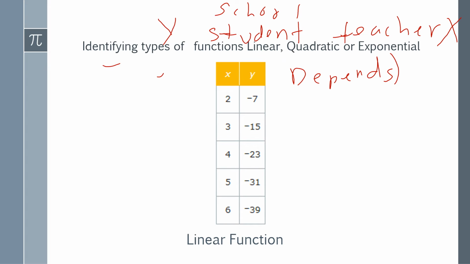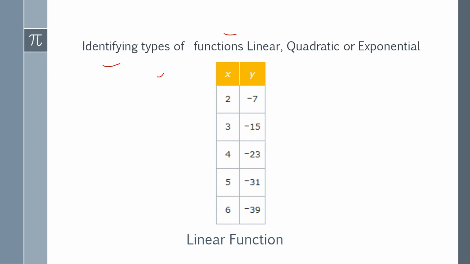So let's erase all this and let's go ahead and get further in this. Identify the type of function. Let it be linear, quadratic, or exponential. So guys, to tell this, just look at the relationship of it. So let's look at x. So what can we say, 2, 3, 4, 5, 6?